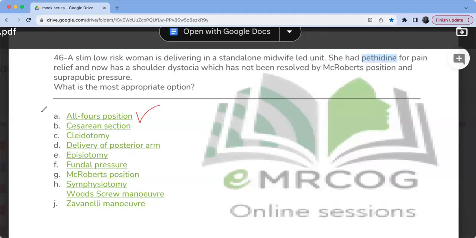Yes. So remember, in cord prolapse and in shoulder dystocia, the place of the delivery makes a difference. Okay? Clear? Answer is A for my friends who are asking. It's all four position.